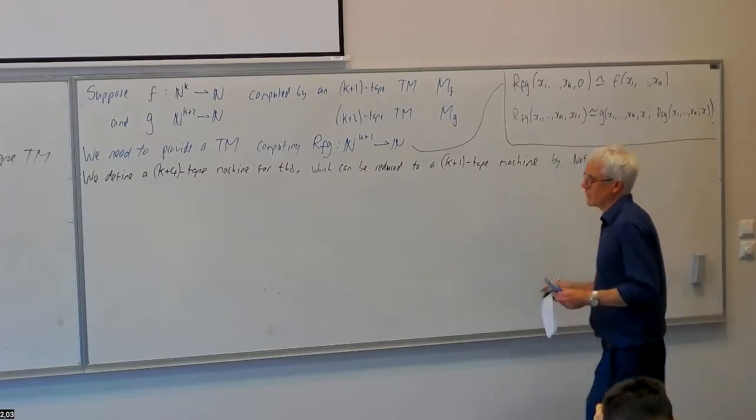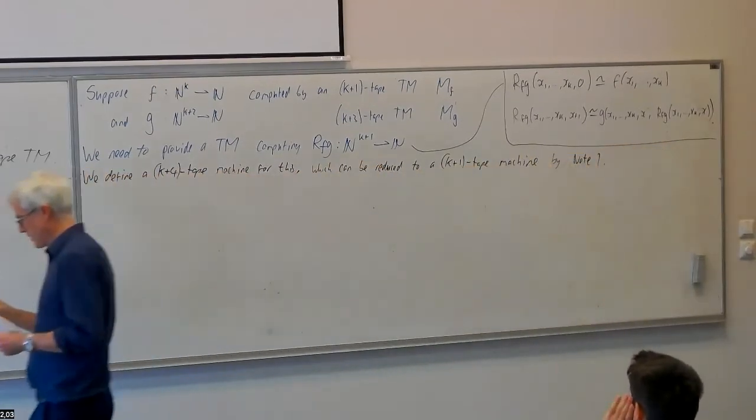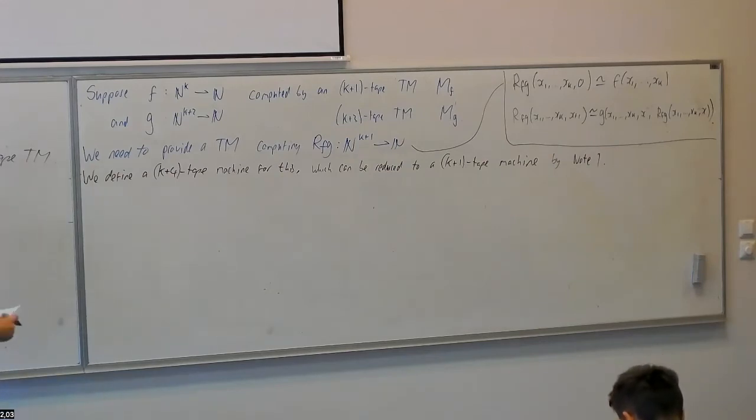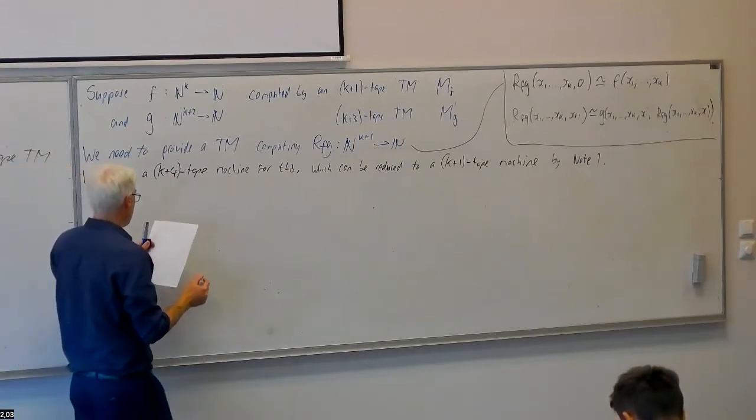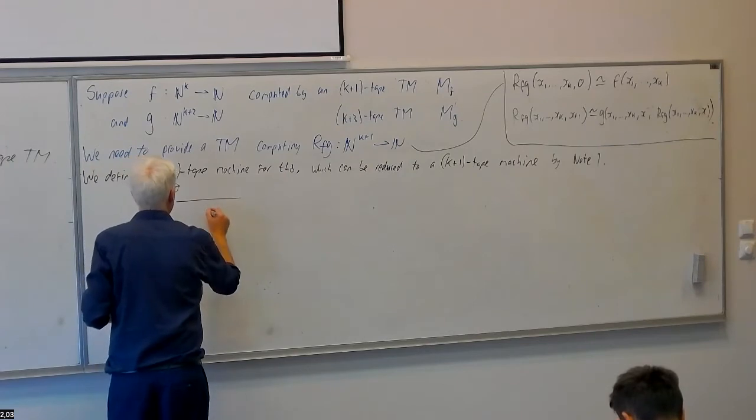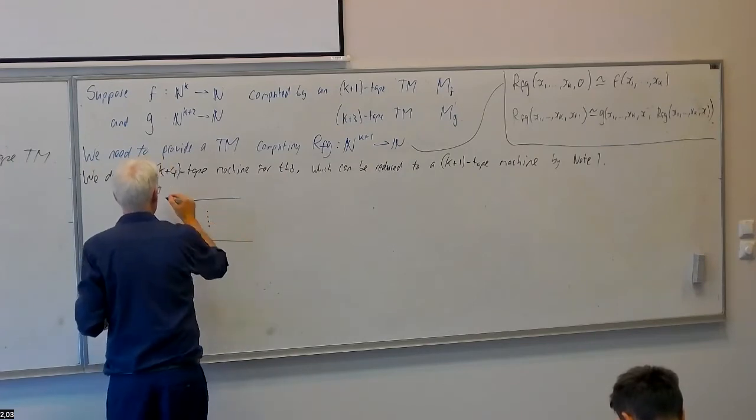It's in note 1, it was at the beginning of lecture 2, but I put it in note 1. So the idea about the k plus 4 tape machine is, I'm just going to draw the tapes as single lines just to make it quicker.